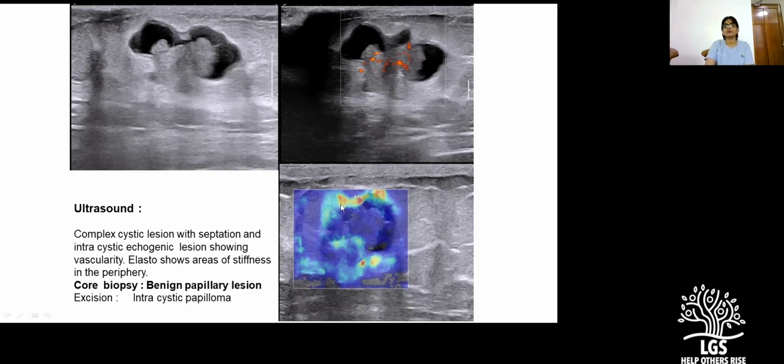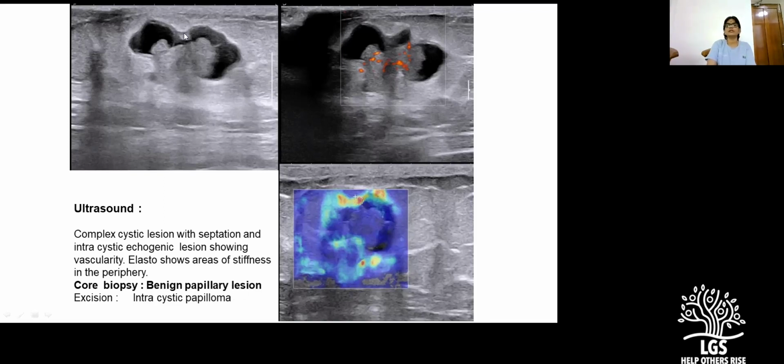So we did an elastography. This is a shear wave elastography, and that shows some moderately hard areas, which means it's not a very elastic benign mass. There is some suspicion here. So we did a core biopsy, and the core biopsy showed a benign papillary lesion.